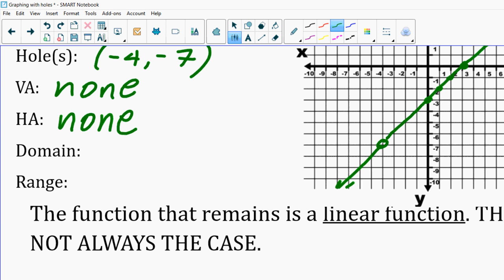Let's talk domain. Is domain X or is domain Y? Good. Domain is X. So remember, domain, you're going to read left to right. And the question is, are there any X values that have to be left out?